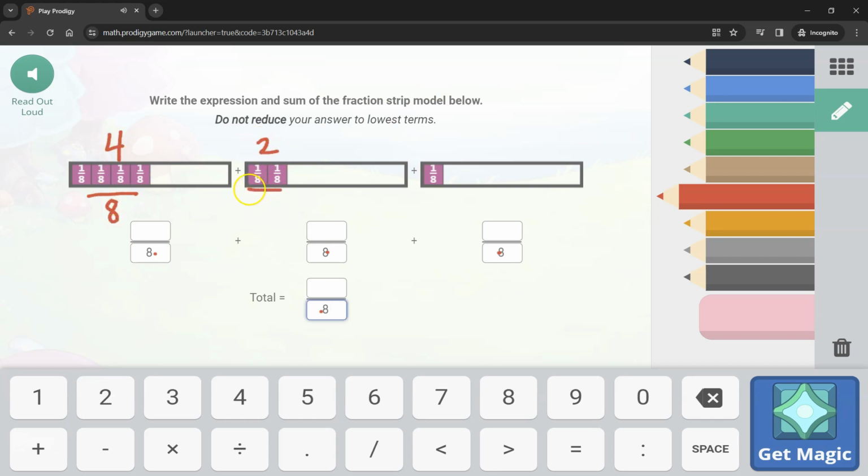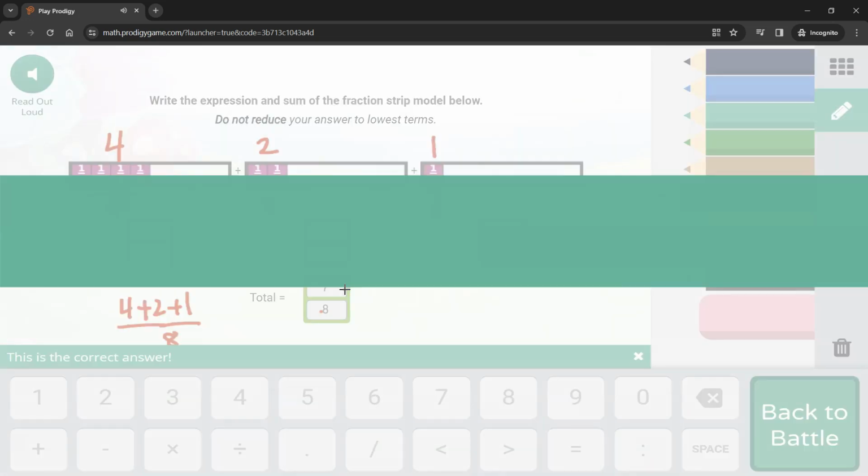Here there's 2, so there's 2/8. Here there's 1, so there's 1/8. Again, because all our denominators are the same, we just need to add the numerators. The trick in fractions is making sure the denominator is the same so that you can just add the numerators. 4 plus 2 is 6, plus 1 is 7.